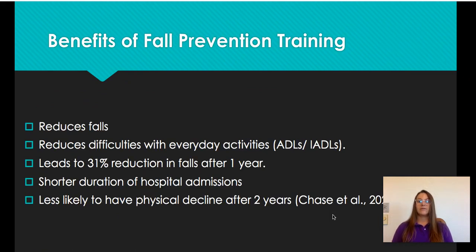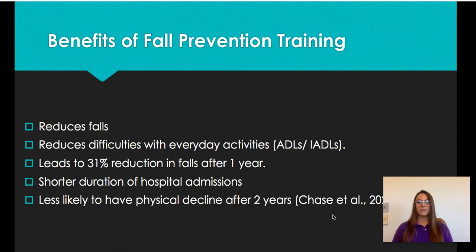So what are the benefits of fall prevention training? It has been found that it has helped to reduce falls and reduce difficulties with everyday activities, and this is because there are fewer injuries. So they're able to still engage in things like self-care and chores around the house. It has been found that it leads to a 31% reduction in falls after 1 year.